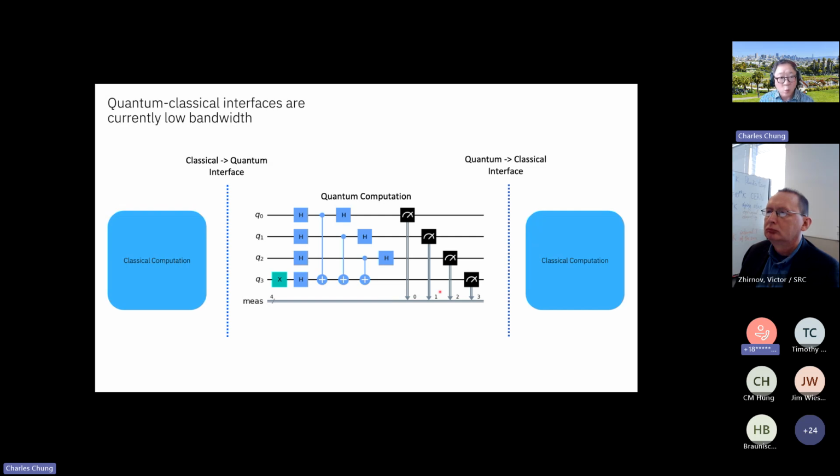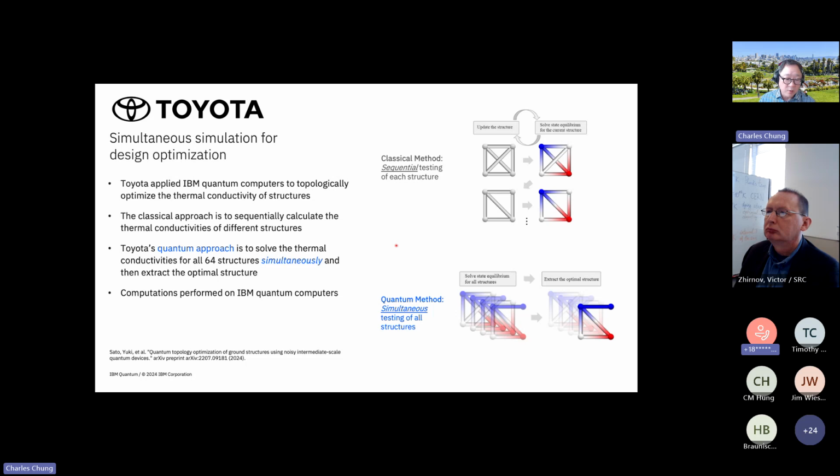Let me show you one way that is very interesting in my opinion. This is a paper published by Toyota, executed and demonstrated on our quantum computers. They use a particular design space, a topological design space, and what they show is they can essentially solve the input problem by not loading a particular design, but by loading every design.